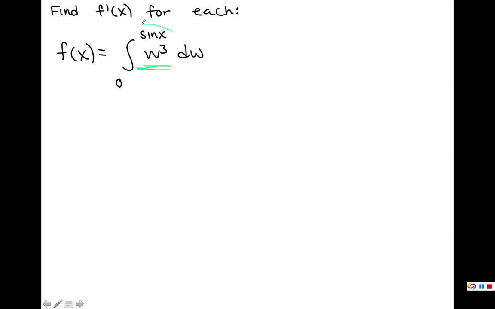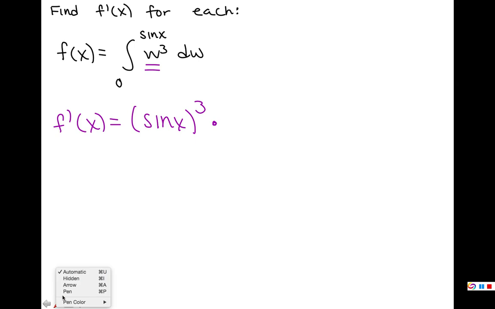But take this bound of integration and plug it in for the letter. Okay, so that's going to give me sine x to the 3rd. All I've done right here is I took my bound of integration with the x, plugged it in for the w.